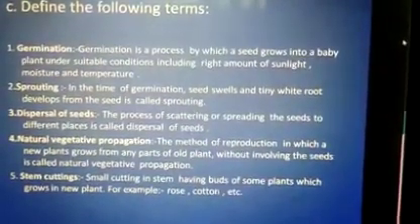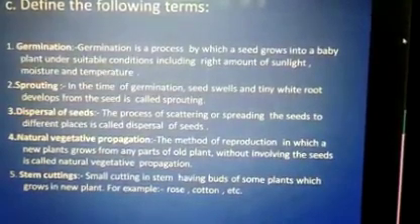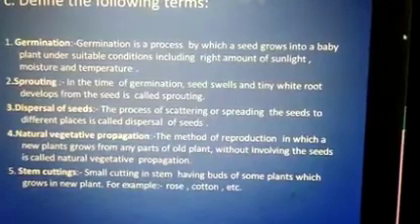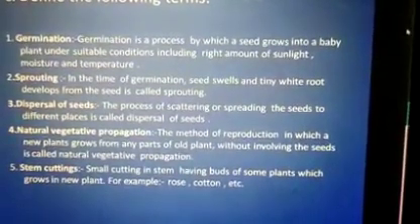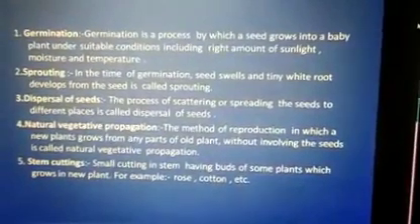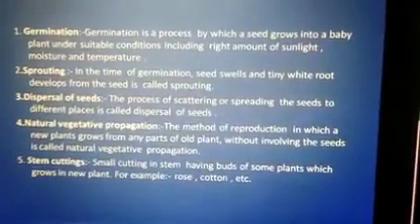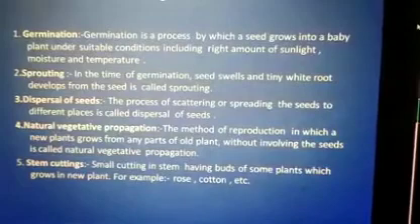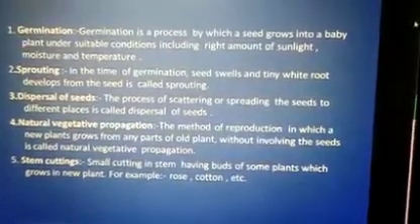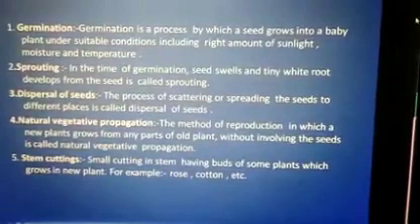The process of scattering or spreading the seeds to different places is called dispersal of seeds. 4. Natural vegetative propagation. The method of reproduction in which a new plant grows from any part of the old plant without involving the seed is called natural vegetative propagation.